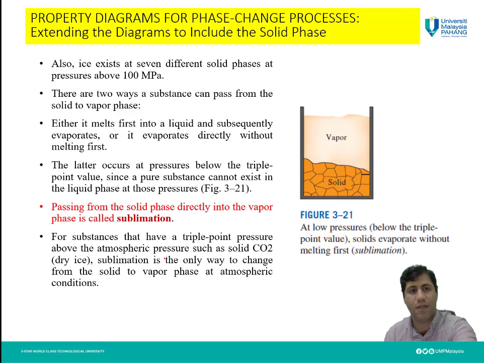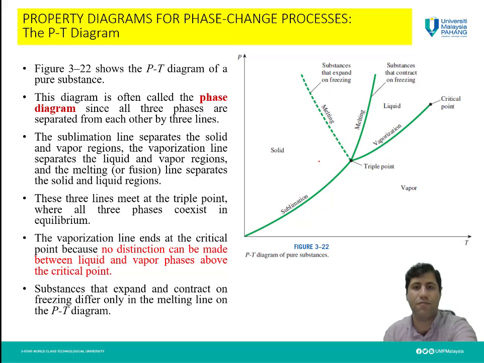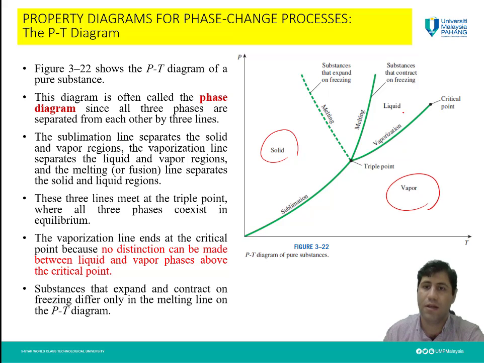Let's see the graph. You can see here, this is the PT graph or diagram for a pure substance. This is the triple point, this is the solid area, this is the vapor area, this is the liquid area.